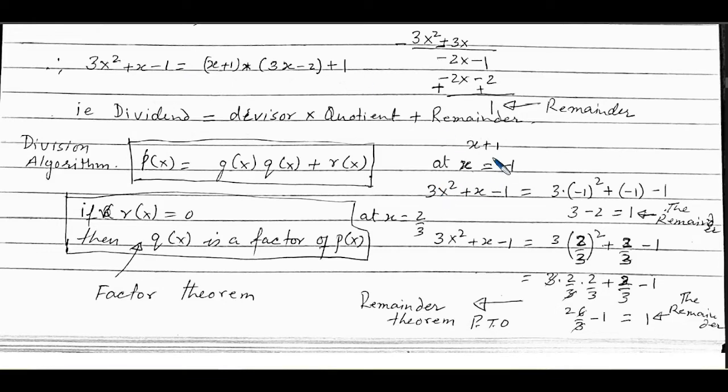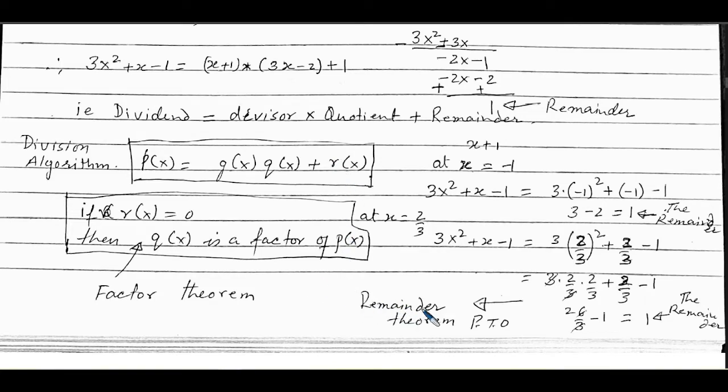So here I am trying to say that if r(x) is equal to 0, meaning there is no remainder like what we have found here, then q(x) is a factor of p(x). Otherwise q(x) is not a factor of p(x), because some remainder is remaining.